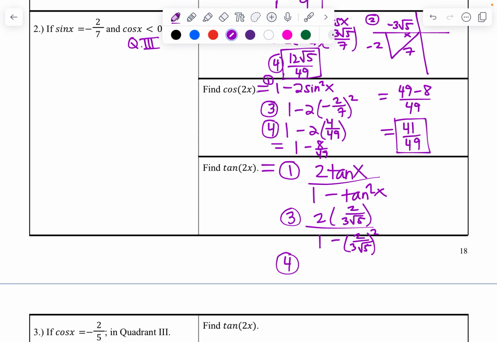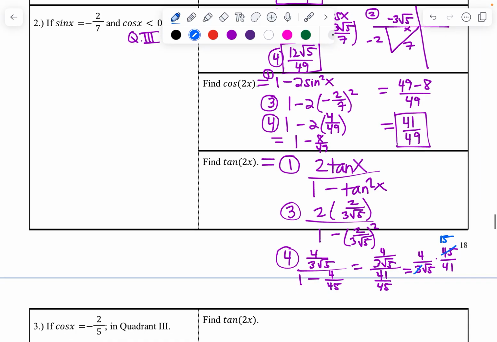So if we work on simplifying that, we will get 4 over 3 square root of 5 over 1 minus, the top would be 4, and the bottom we'd have 9 times 5, so 45. So 1 would be 45 over 45 minus 4 over 45 will give us 41 over 45. So if we multiply by the reciprocal, 45 divided by 3 would give me 15.